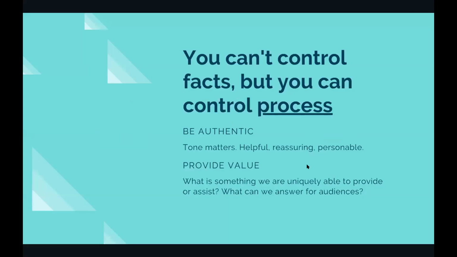So one major tenet of crisis communications: you can't control facts, but you can control process. So we can't control the fact that we are in a global pandemic, but one thing that we can do as communicators, which we all are in just different functions, is to talk about process, especially when people have no idea what's going to happen next.